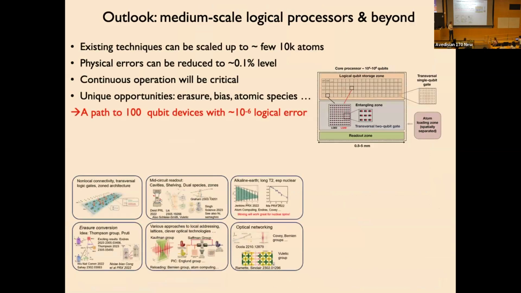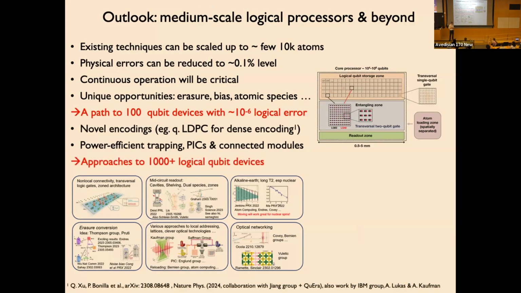Let me explain what LDPC is. The surface code is an example of a code which is extremely well understood, and it's an example of the broader family called low density parity check codes.